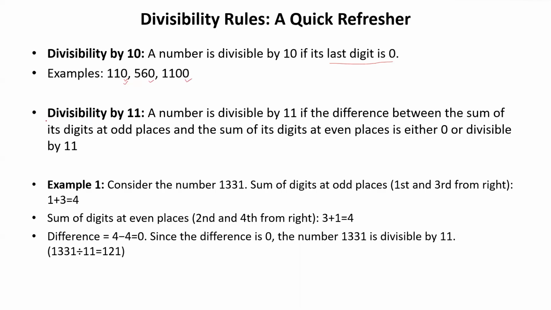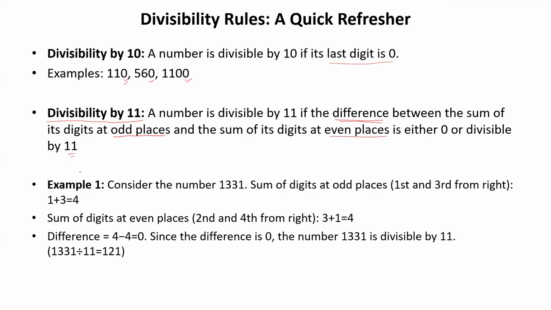Now next is divisibility by 11. This is a very interesting rule. A number is divisible by 11 if the difference between the sum of its digits at odd places and the sum of its digits at even places is either 0 or divisible by 11.